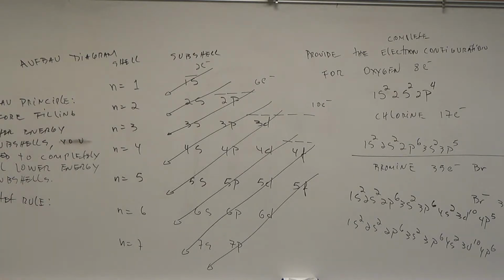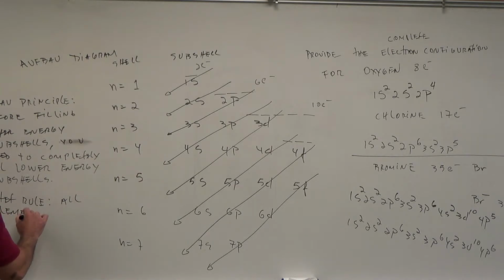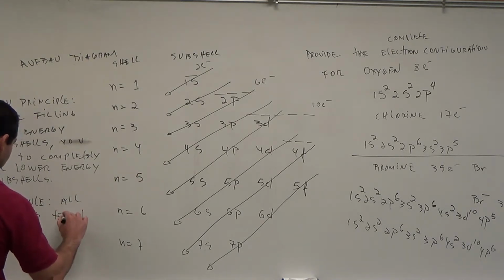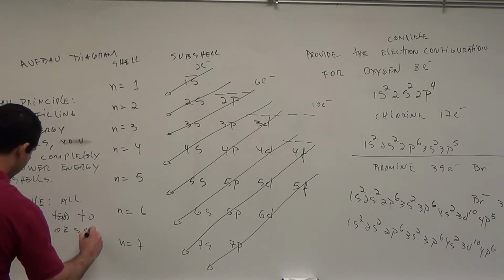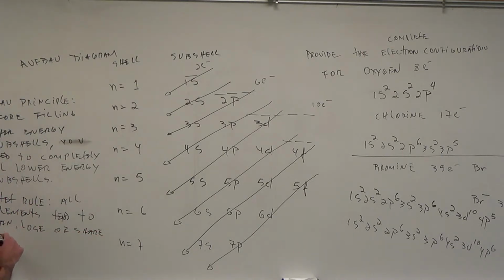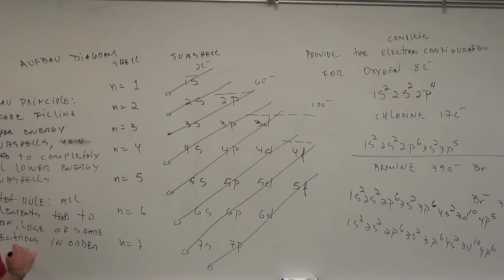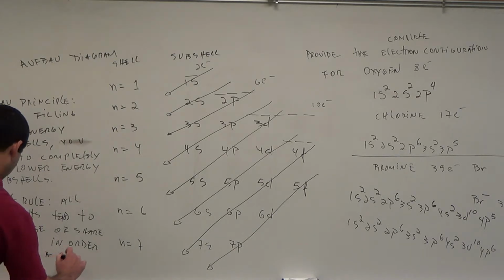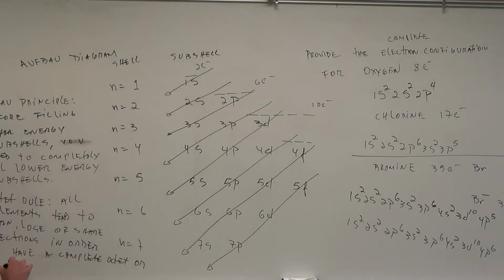Octet rule: all elements tend to gain, lose, or share electrons in order to have a complete octet or noble gas configuration.